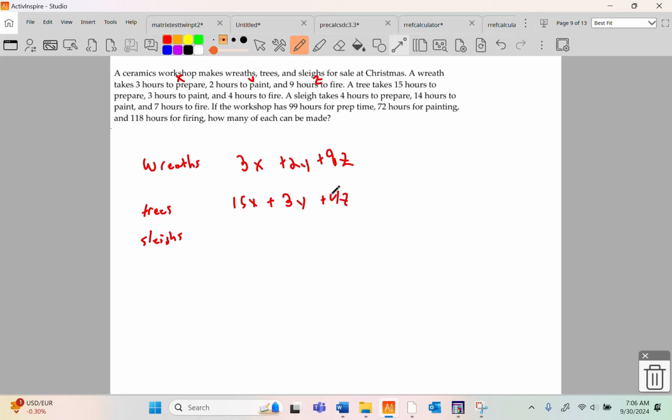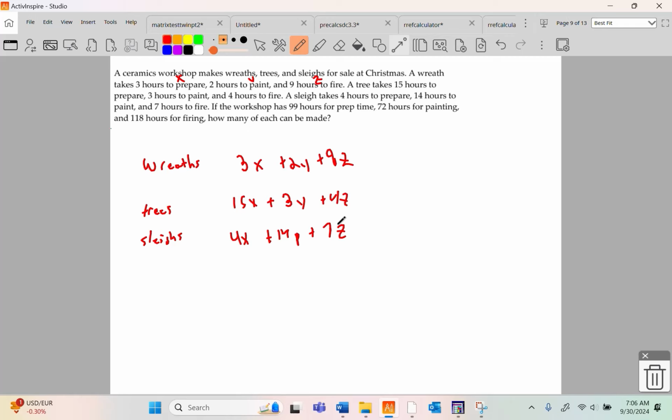A sleigh takes 4 to prepare, 14 to paint, and 7 to fire. If the workshop has 99 hours for prep time, 72 hours for painting, and 118 hours for firing, how many of each can be made?